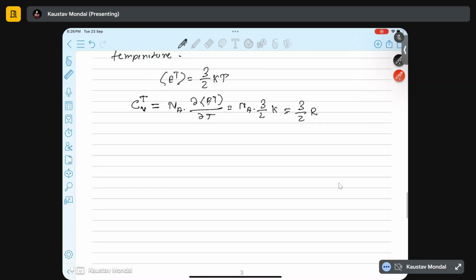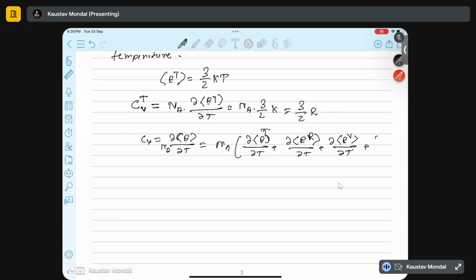So Cv is basically Na into del E by del T. So that means Na into del Et by del T plus del E rotational by del T plus del E vibrational by del T plus del E electronic by del T. It will be like this, right?